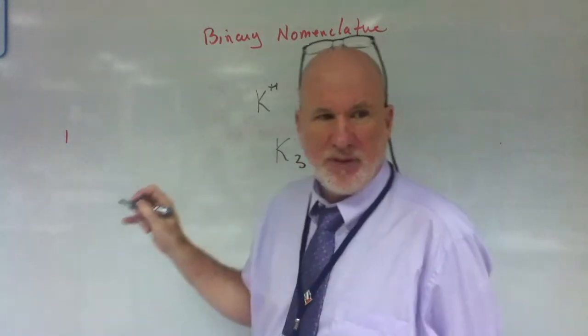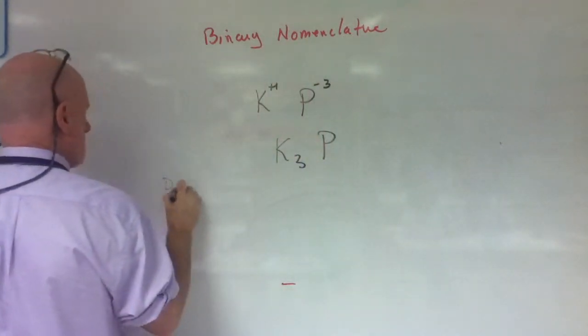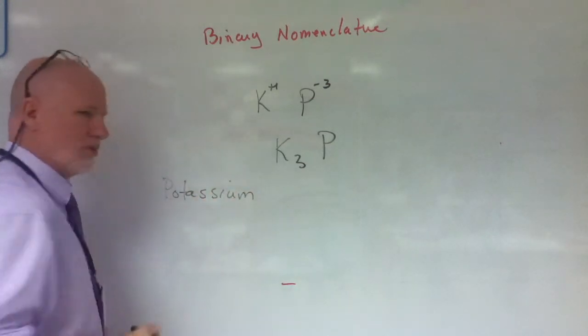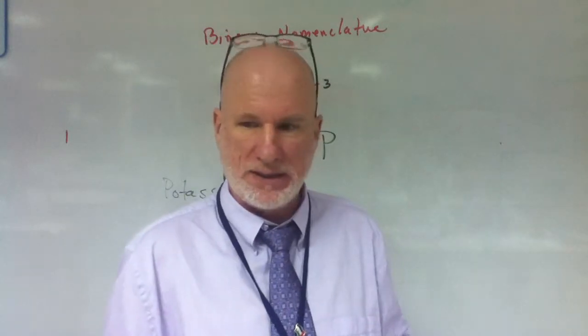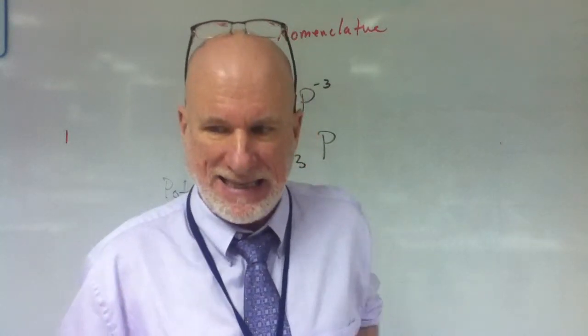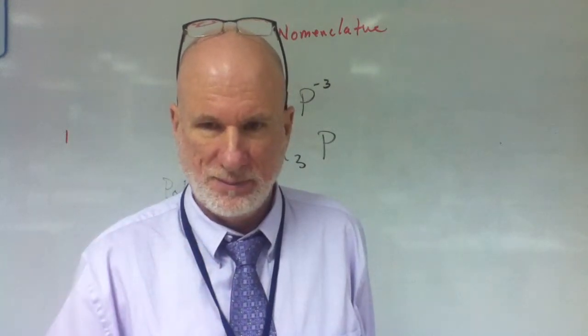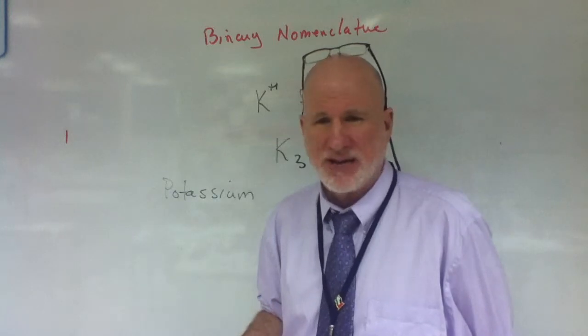So what would the name of this be now? You write the name of the positive component. So that's going to be potassium. And then you write the name of the negative component, which is phosphorus, but with the IDE. Phosphide. You've got to play with phosphorus and nitrogen a little bit.